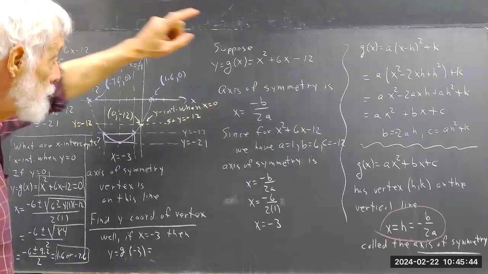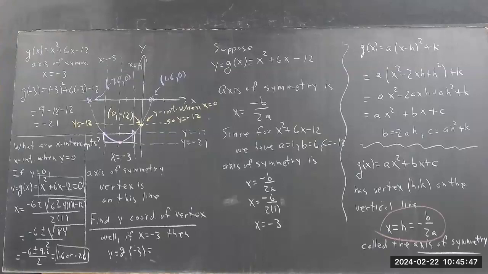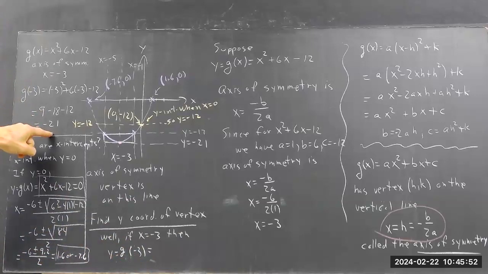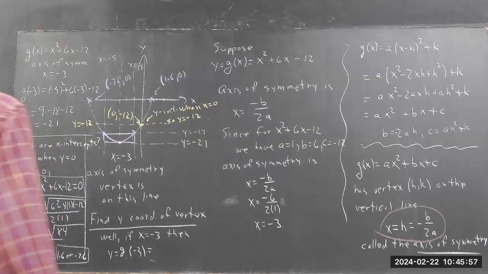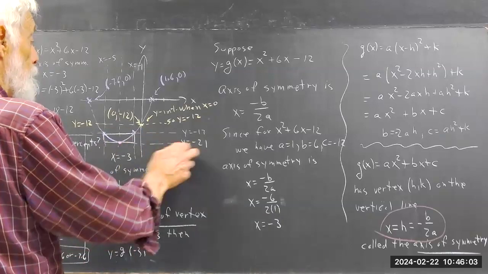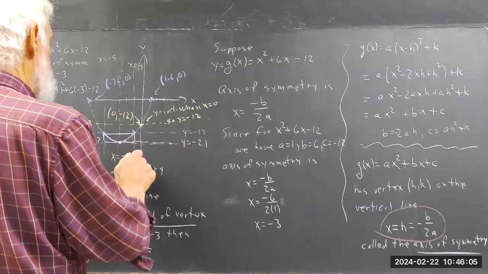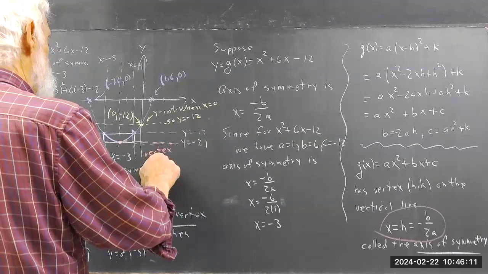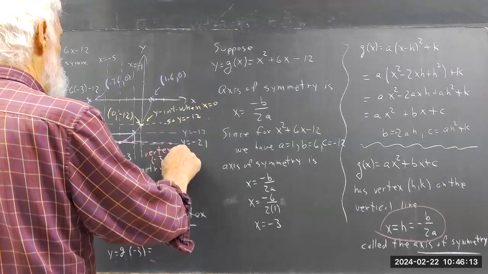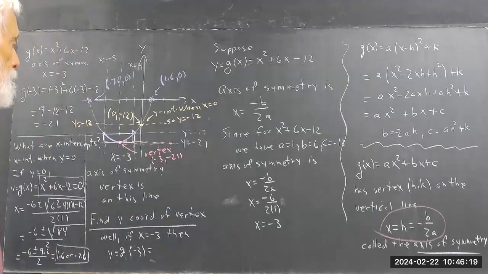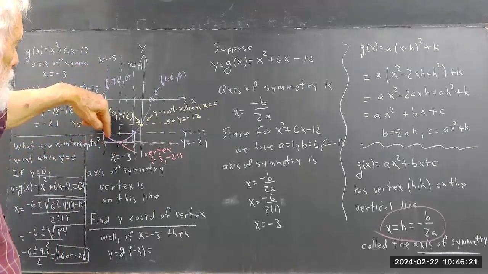And then you can plug the coordinate of the axis of symmetry into the function and find the y coordinate of the vertex. And I never did write that out. X is -3, y is -21 on this line. So this point is (-3, -21).